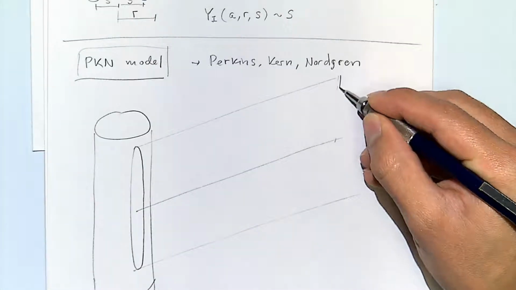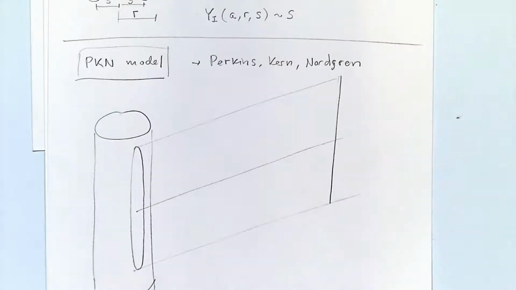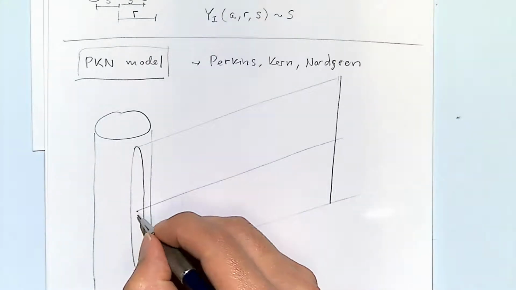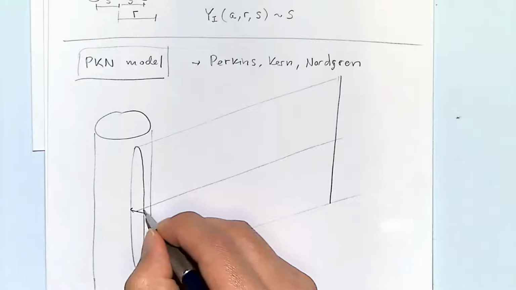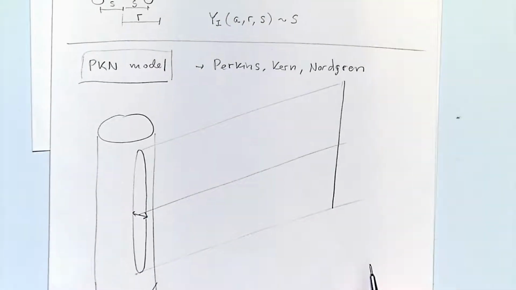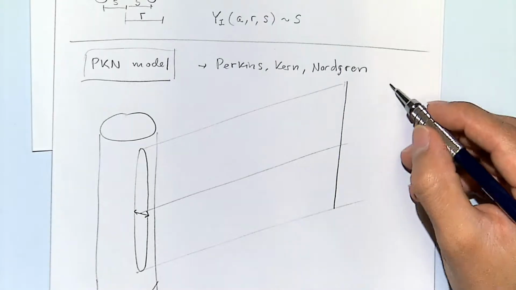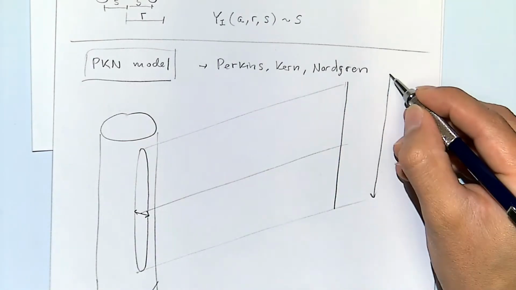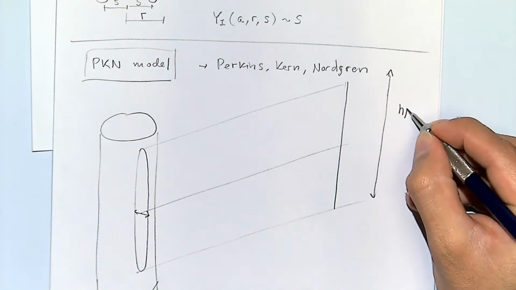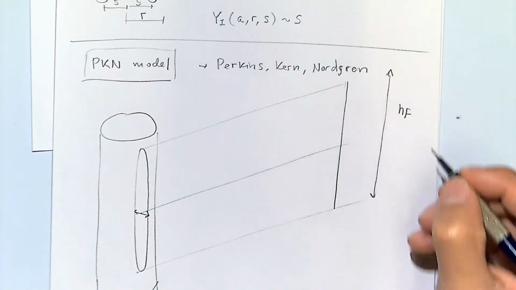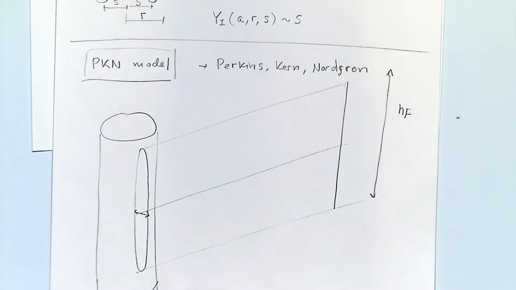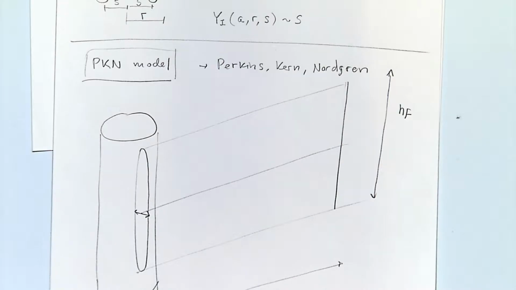Far away, the width of the fracture is 0, so it's just a line. At the wellbore the width of the fracture is the highest. And with this model, we assume there is a constant fracture height, HF. And if I'm looking just at one wing, this will be the fracture half length.